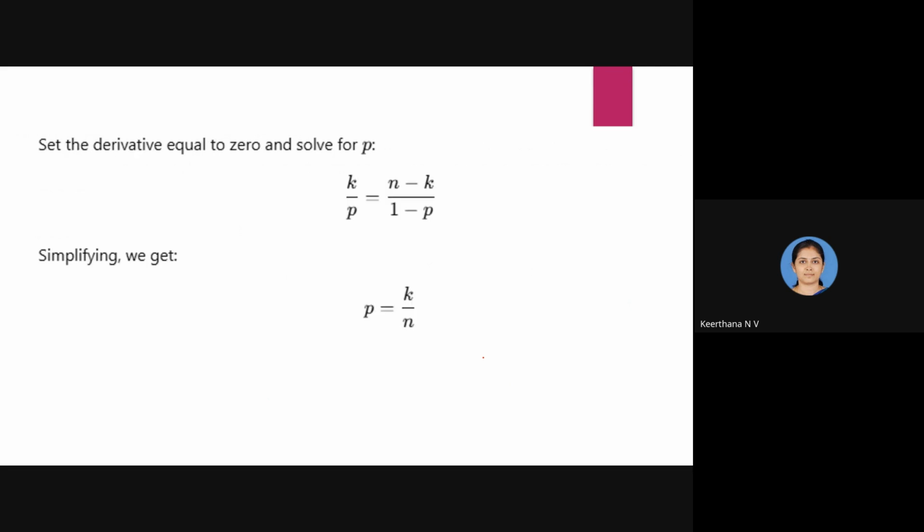Then you set the derivative equal to 0 and solve for the probability. By setting the derivative equal to 0 and simplifying, the probability p is equal to k divided by n, that is the number of heads divided by the total number of flips.